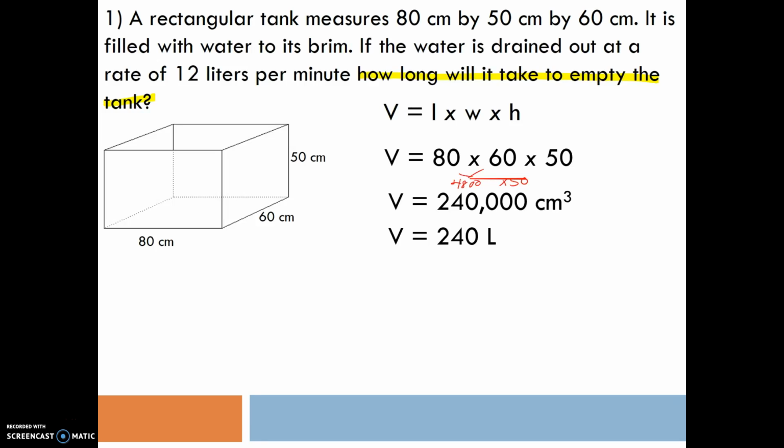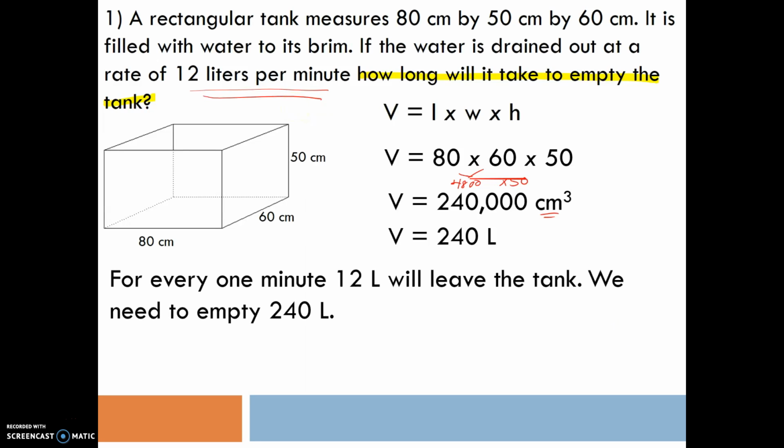So since our rate is given as 12 liters per minute right here, we need to change that centimeters cubed to liters so that we're consistent. We can't work with centimeters cubed and then do a conversion with liters. That just doesn't work. Okay, so every minute 12 liters will leave the tank. So we need to empty 240 liters. So what we're going to do is we're going to set it up like this.